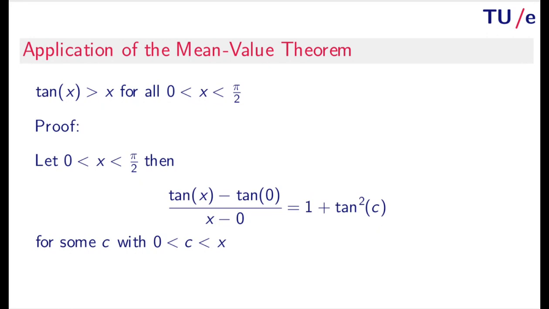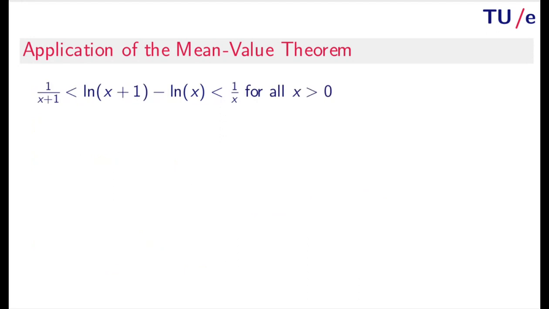And this derivative is equal to 1 plus tangent squared of c, and c is in between 0 and x. Of course, this implies that the tangent of x divided by x is bigger than 1, and hence the tangent of x is bigger than x.